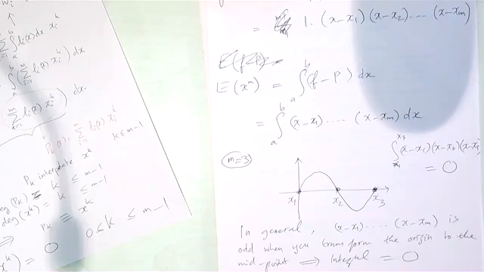Suppose the error is given by the exact integral minus the quadrature. Then the error can be written in this form.